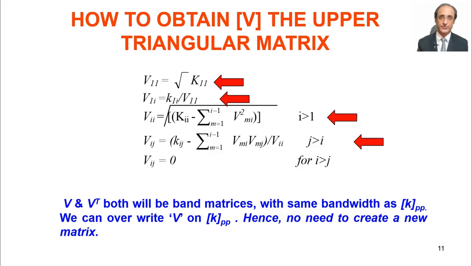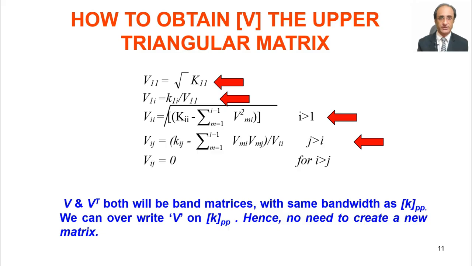If we need any term of V transpose, we just take the corresponding term from the lower or the upper side of the other matrix. So both of them will also be banded matrices. If your original matrix is banded, these will also be banded, and the bandwidth will also be the same. So these also we can create in the banded form.